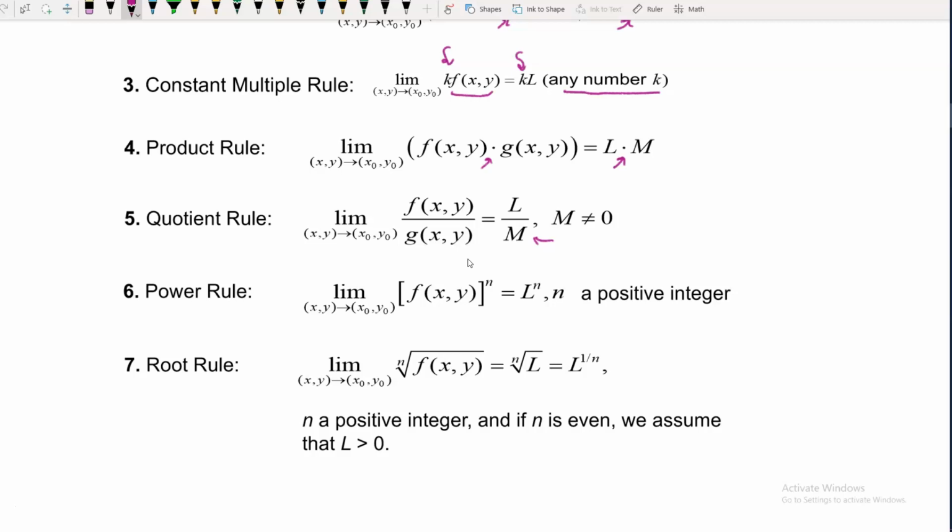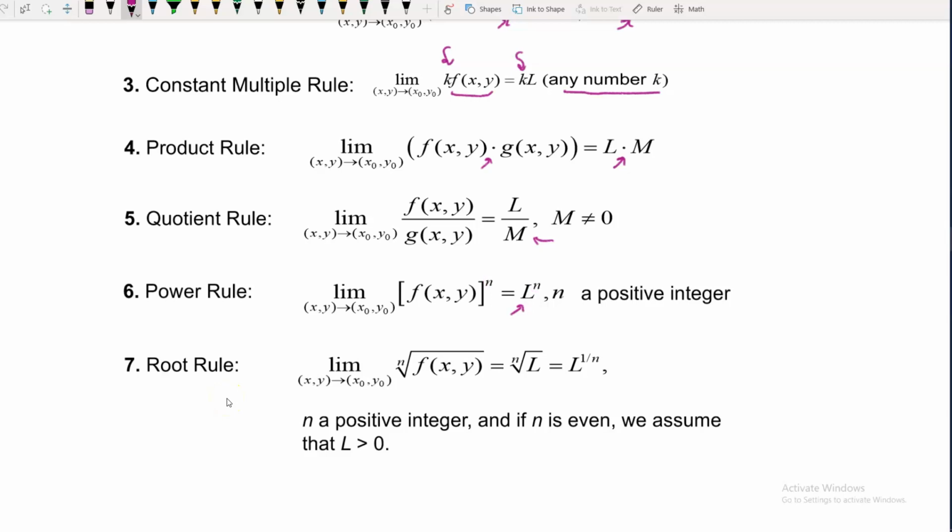Number six, power rule. Limit as (x, y) approaches (x naught, y naught) of f of x, y to the nth power is equal to L to the n. So what we had for the limit of f of x, y was equal to L, so use L, and here the power is n, and n is a positive integer.